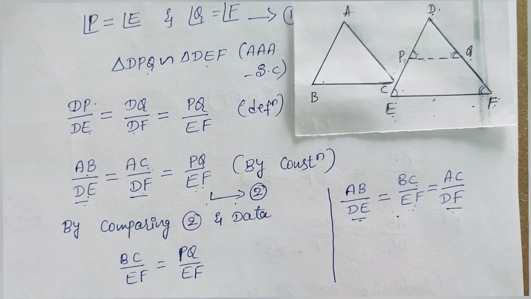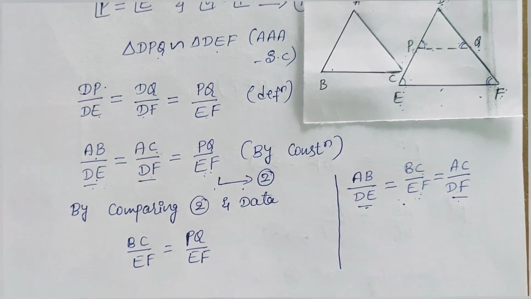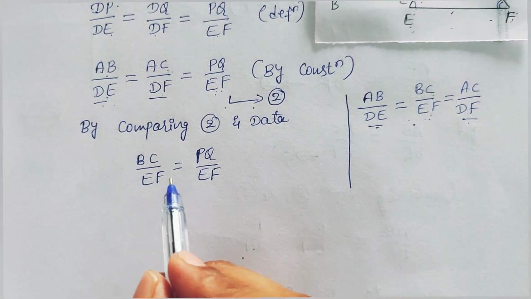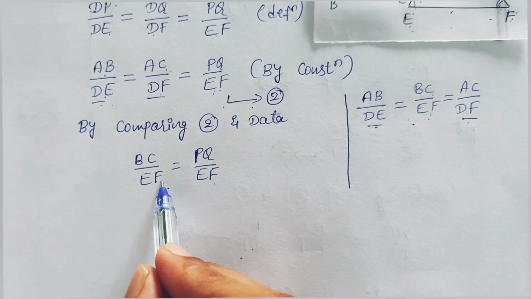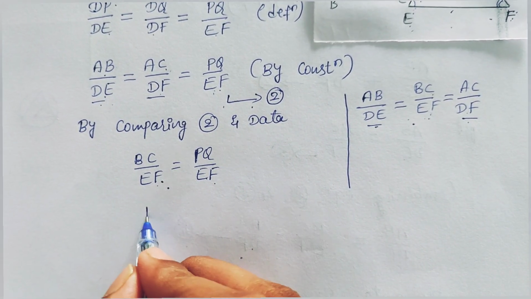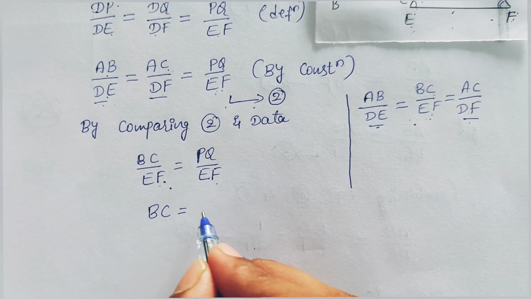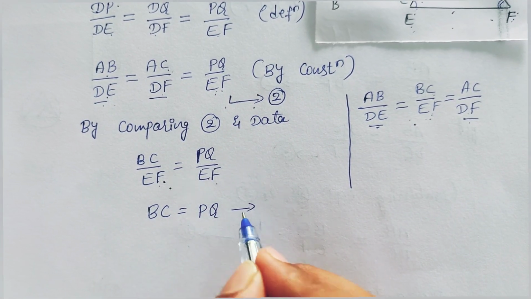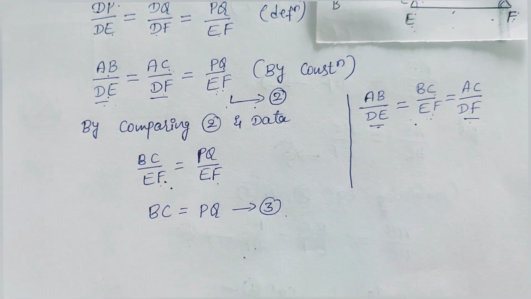Observe the denominator: it is the same on both sides of the equation, so we can neglect the denominators. We remain with BC equals PQ. Call this equation number 3.